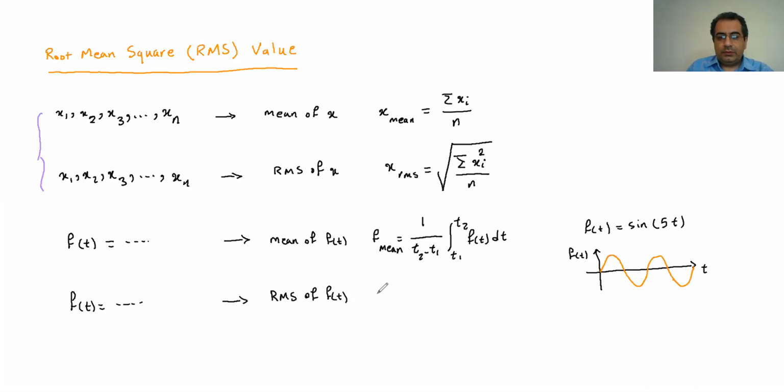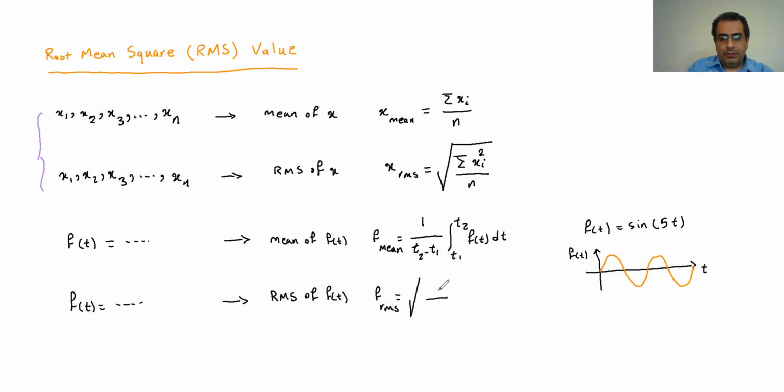And then the root mean square of the function, which, by the way, is going to be a single value, would be something like that.